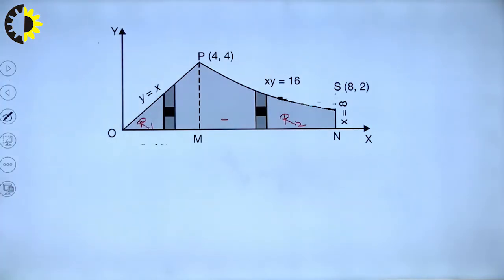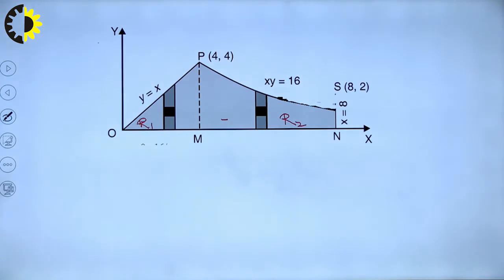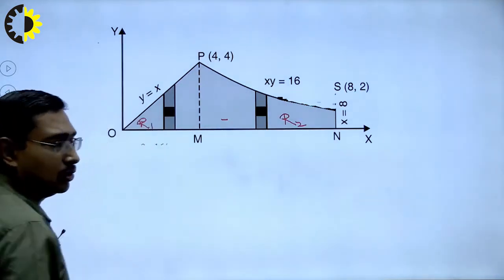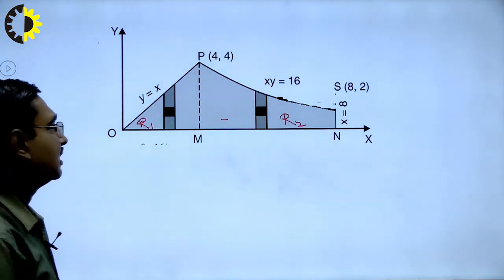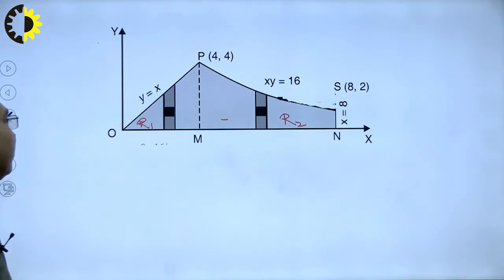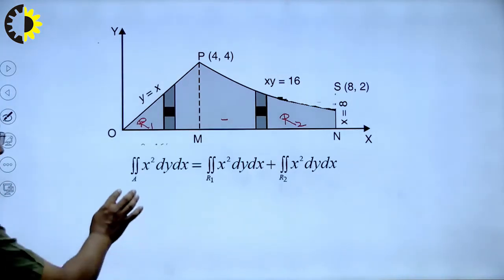We will calculate the limits for region R1 separately, and for region R2 separately, and thus two integrals will be obtained. Adding those two integrals, I will get the value of the given integral.